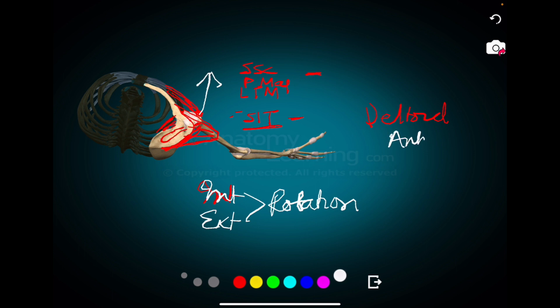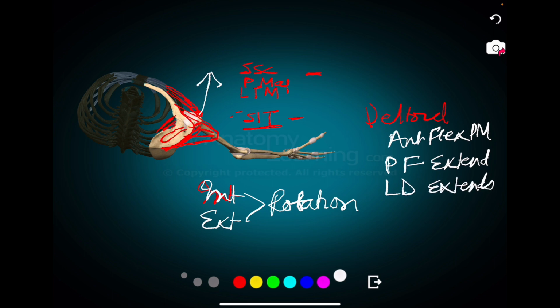Anterior fibers flex with the pectoralis major. Posterior fibers extend. Latissimus dorsi extends. And middle fibers of the deltoid will abduct.